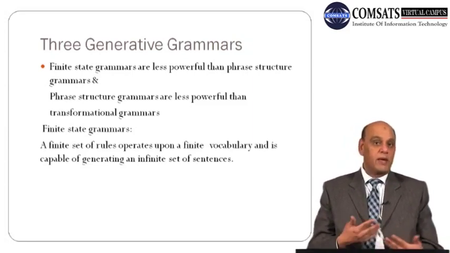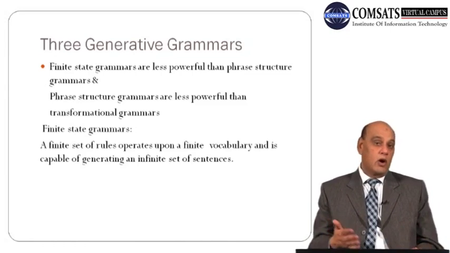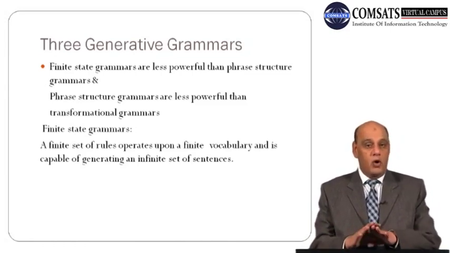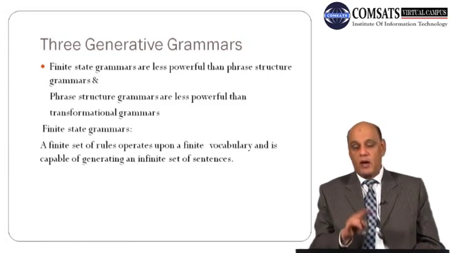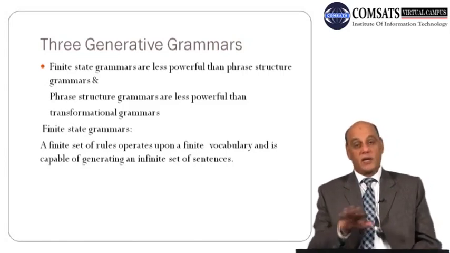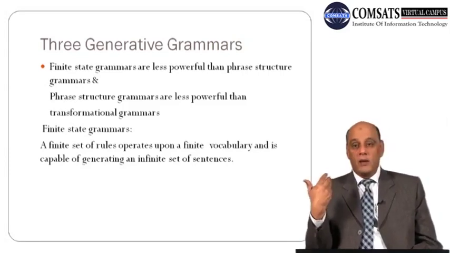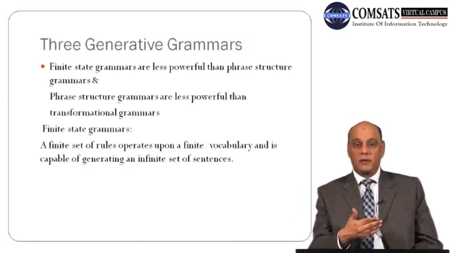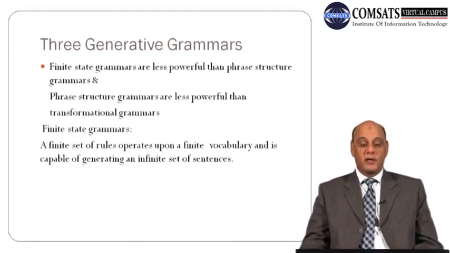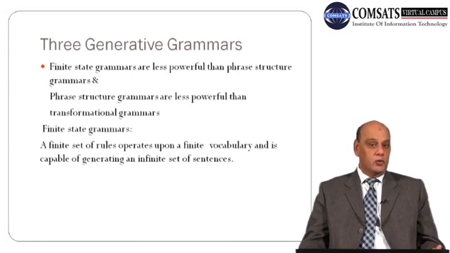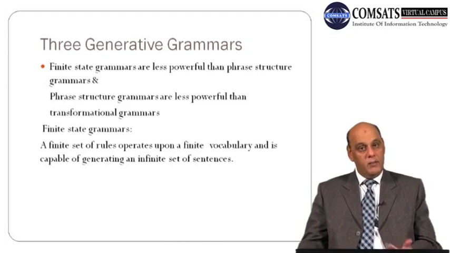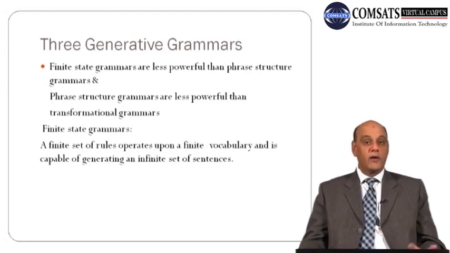Just by making choices, as we did in the last lecture when we talked about the fabric of language, on the vertical axis we select the right words, and on the horizontal axis we arrange them in the right order, and we get so many sentences just by selection and arrangement processes. The same thing applies here: you have a finite set of rules and a finite vocabulary, but you take different choices and different arrangements, and finally you get millions and millions of sentences. You get an infinite set of sentences. So this is the finite state grammar.